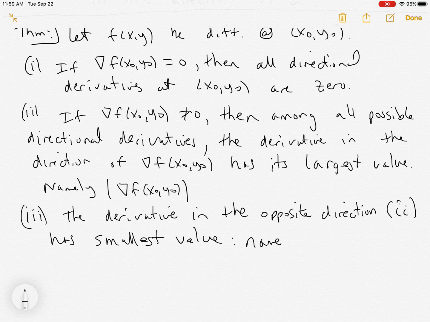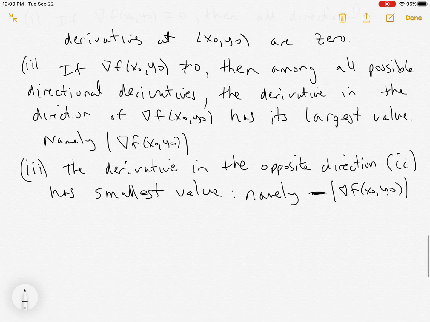Namely, minus the absolute value of del f at (x naught, y naught). So it's the negative, so it's the smallest. All right. How long is this going? So we're doing good here. This is a very, very dense section.